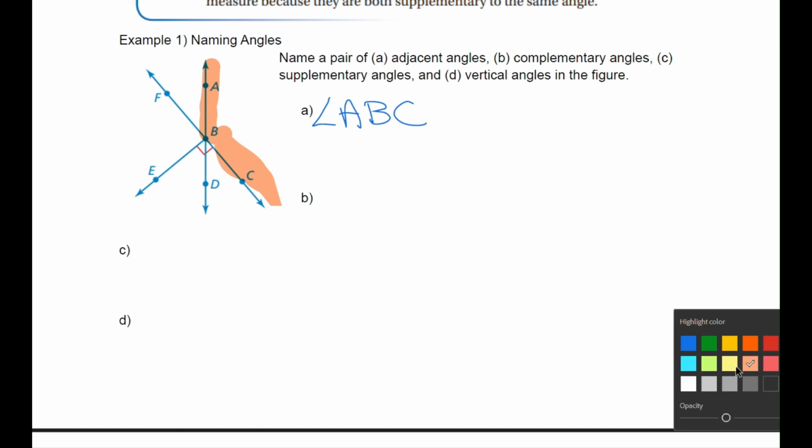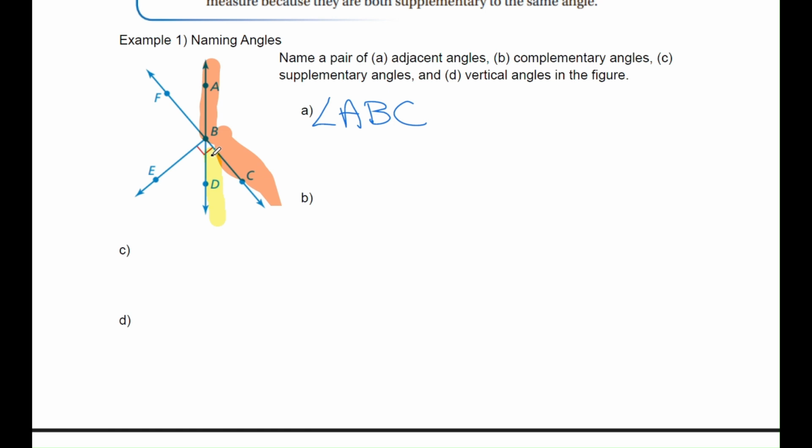It has to be right next to it, sharing a side and a vertex. I'll say this angle here. The way we name it, we start on the outside, go to the inside, then to the outside, so this is angle DBC. You could also have used the other angle up here, FBA or ABF, but I'm just going to say DBC.